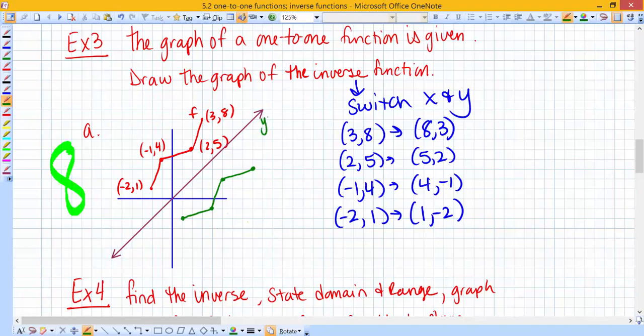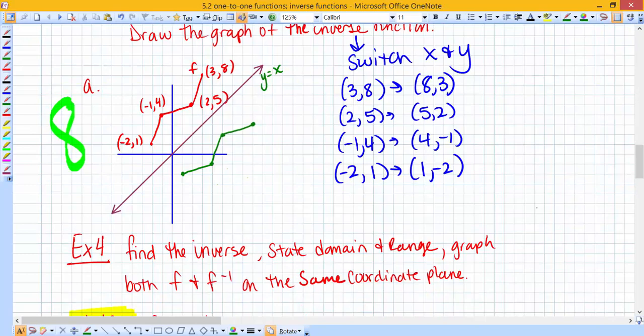This is the line y equals x. All inverse functions are symmetric to the line y equals x. And if you turn your paper sideways, I'm turning my tablet sideways right now so I can look at that, and it's perfect. I can see that it is symmetric to the line y equals x. And it's not that bad when you guys are drawing that, but the line y equals x will help you.